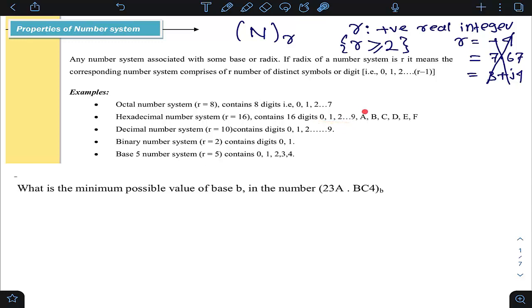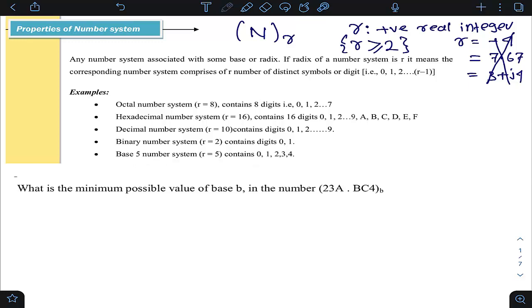Then for 10 we make use of A, for 11 B, for 12 C, for 13 D, 14 E, and for 15 it is F. So if it is 16, the maximum digit is 15, and 15 is meant for the alphabet F. In the decimal number system, because the base is 10, we go up to 9. In the binary number system, because the base is 2, we make use of 0 and 1. Similarly, if I say it is base 5, we can go up to 4.